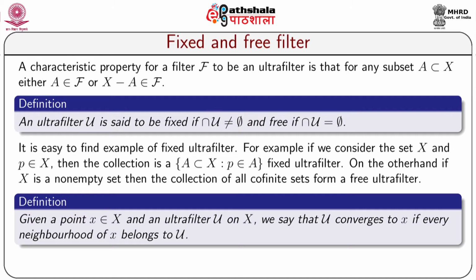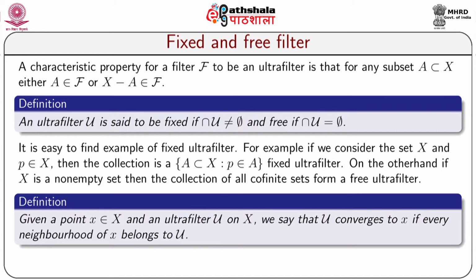Let us define two types of filter, fixed and free. A filter is said to be fixed if the intersection of all its elements is non-empty, and free if their intersection is empty.